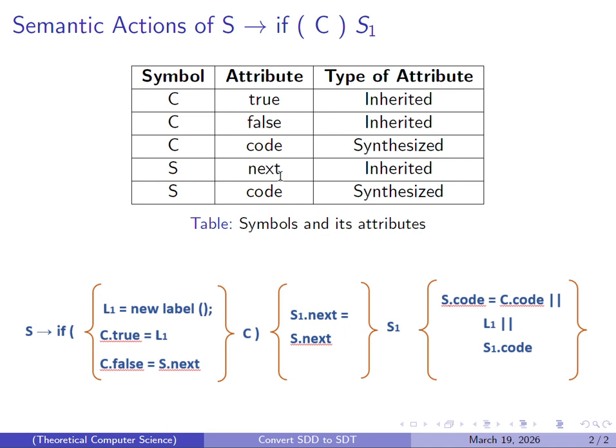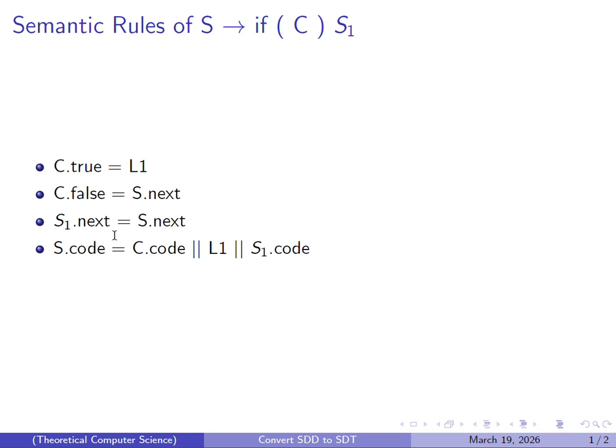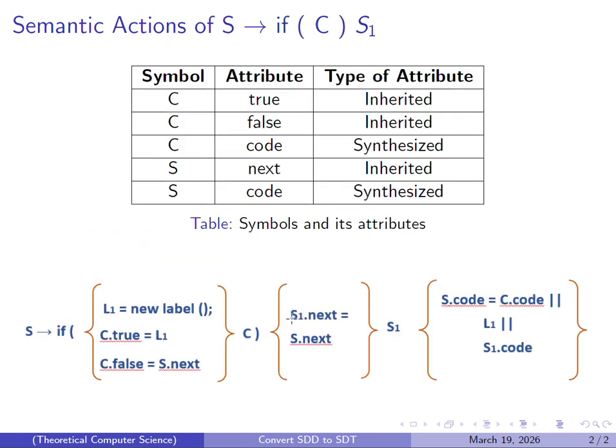So when we say S dot next here, it is actually referring to only the one on the right hand side, which is S1. So before S1, we are going to write S1 dot next, which is nothing but the inherited attribute of S1, and it's going to take the value of S dot next as shown in the previous slide. S1 dot next is S dot next.